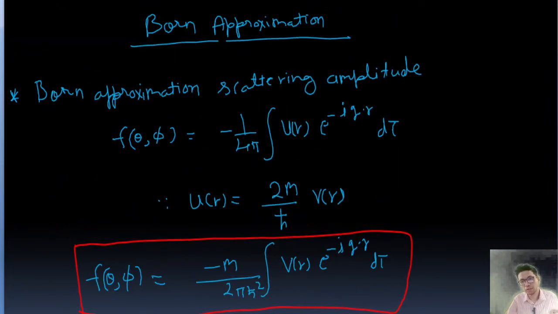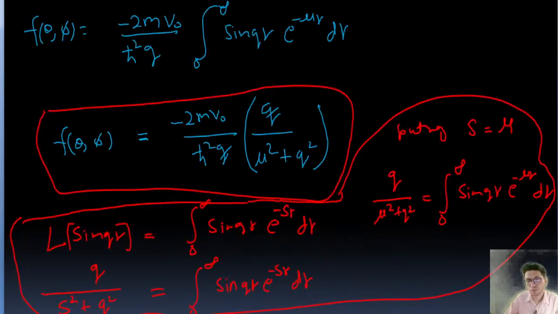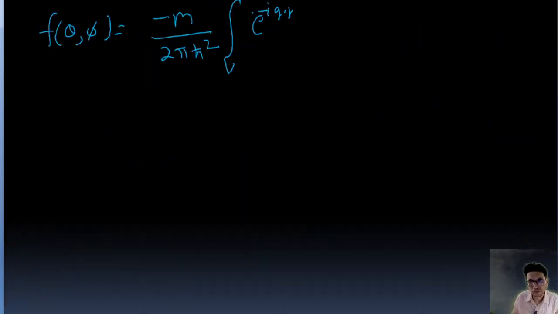I'll show you. So this is going to be minus m upon 2 pi h cut square, volume integration e to the power iota q dot r.